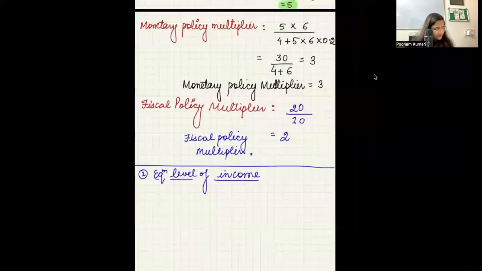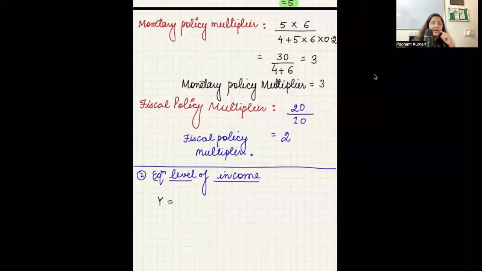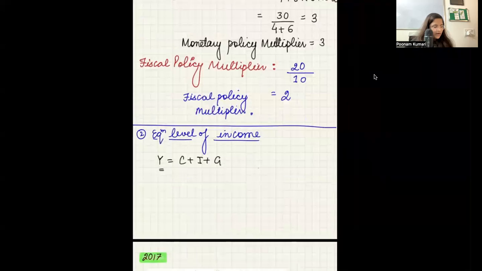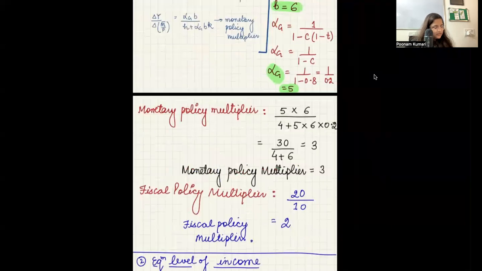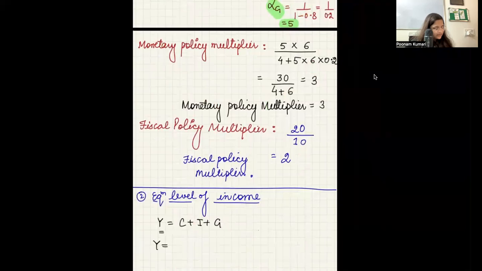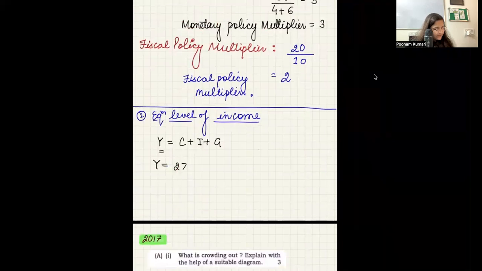So we have the aggregate supply equals aggregate demand. This aggregate demand is C plus I plus G. So I have to follow these two things. So Y is C. C is 270 plus 0.80 (Y minus T).